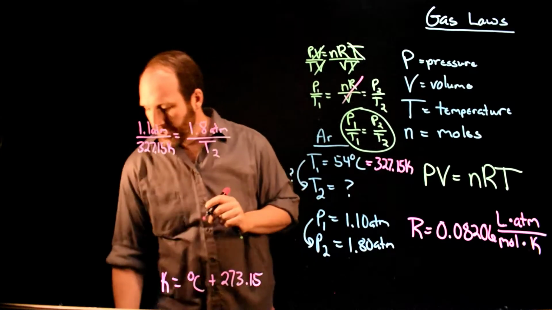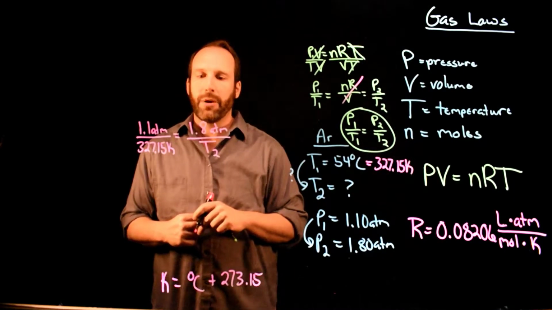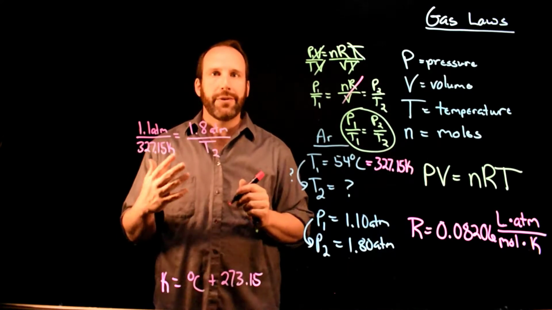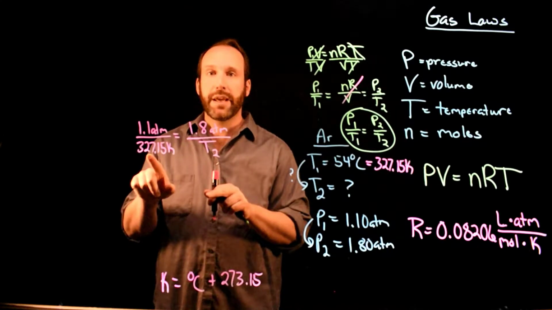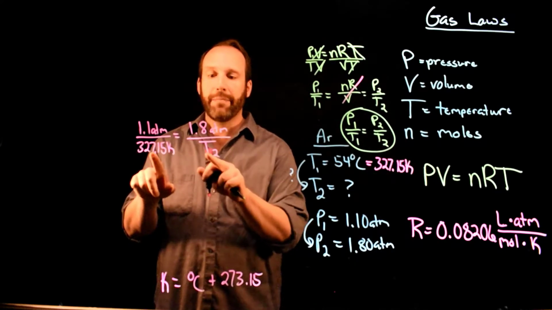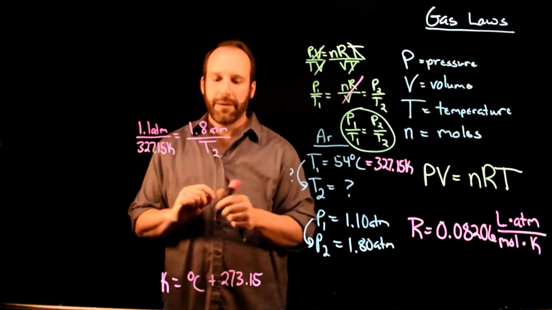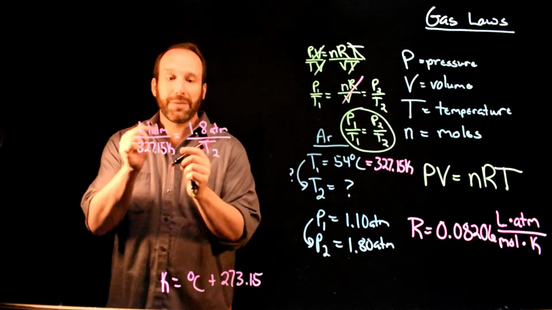So we need to isolate the variable T2. That's what we're trying to solve for. So how can I do that? Well, the clever thing to remember here is to cross multiply and divide. We'll multiply both sides of the equation by this denominator and by this denominator, and then divide by this numerator. All right, so let's do that. Let's cross multiply first.